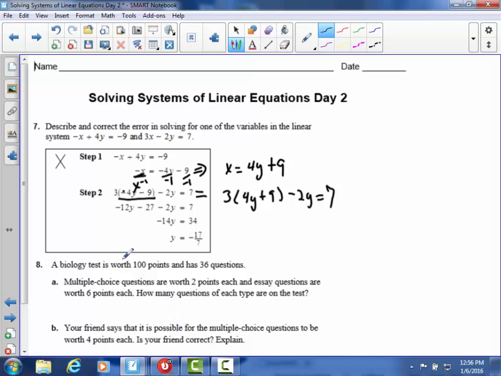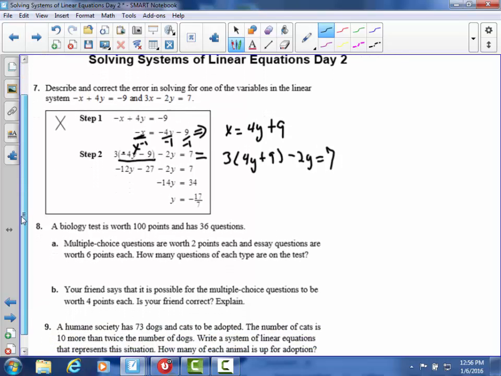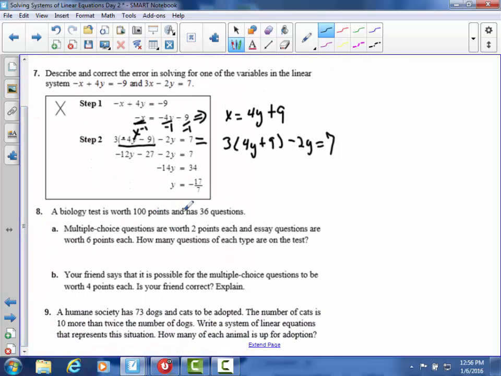Okay? All right, on number 8, a biology test is worth 100 points and has 36 questions. Multiple choice questions are worth 2 points each, and essay questions are worth 6 points each. How many questions of each type are on the test?